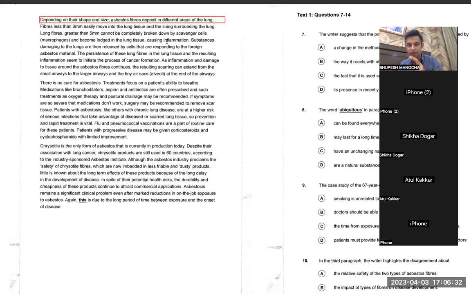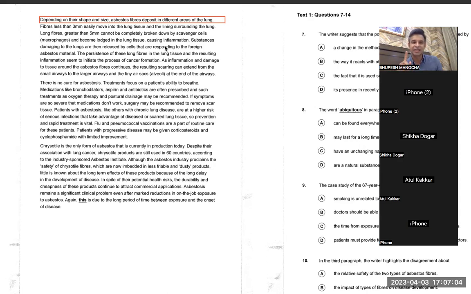Substances damaging to the lungs are then released by the cells that are responding to the foreign asbestos material. The persistence of these long fibers in the lung tissue, so they stay there, and the resulting inflammation seem to initiate the process of cancer. So basically, the cancer-causing ones are the long ones.